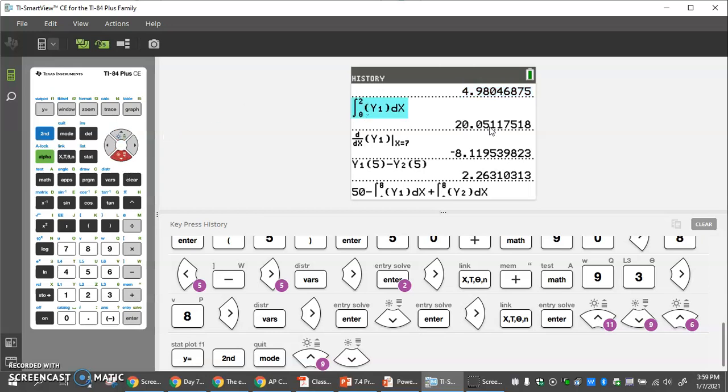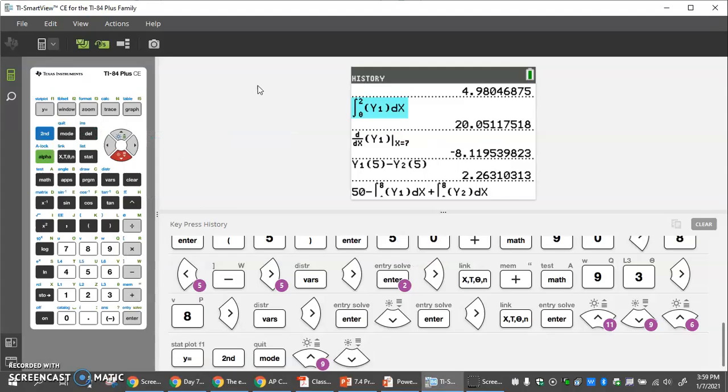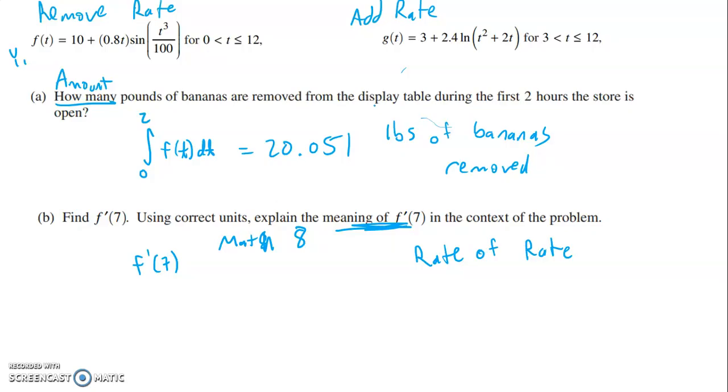So we get 20.051. So this answer was 20.051 pounds of bananas were removed during the first 2 hours. Just put this equation into y1 and then press math 9 and let the calculator do it for you.